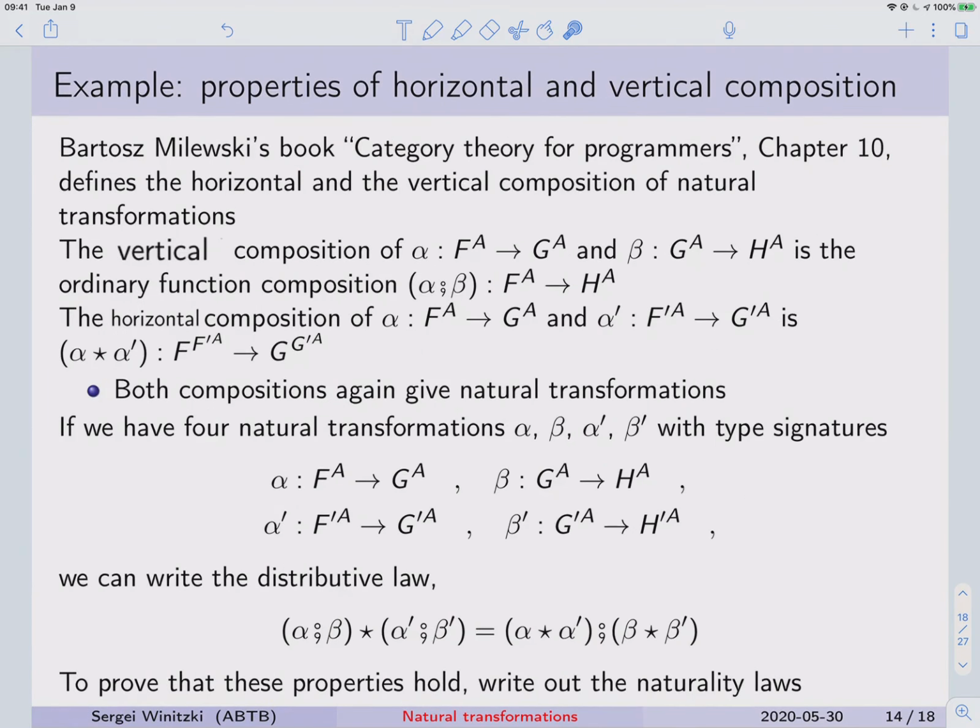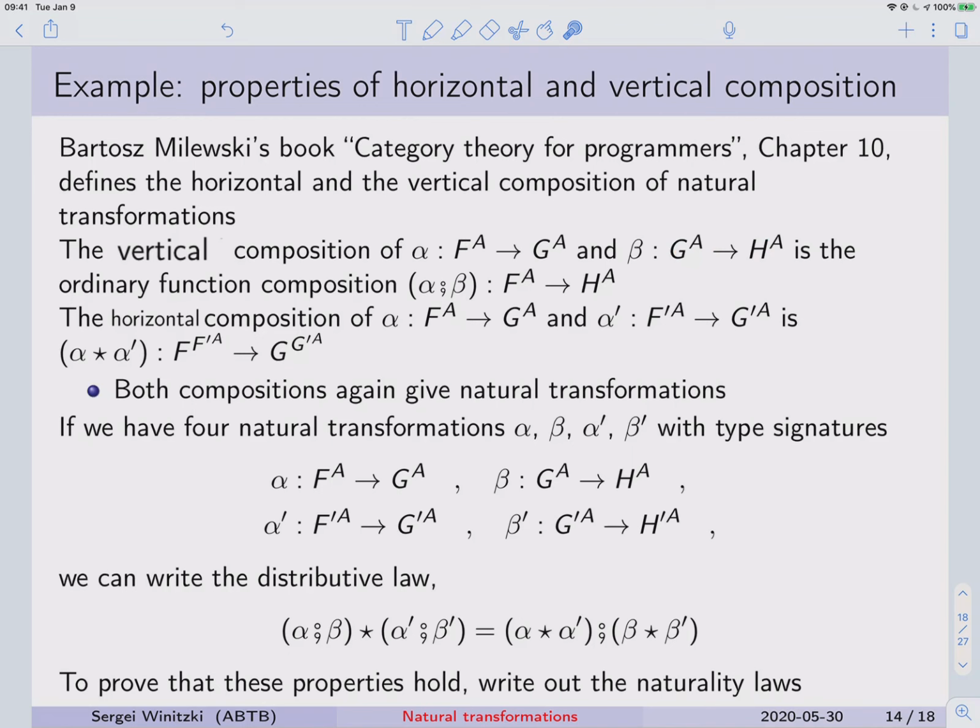And the final examples of using natural transformations are inspired by Bartosz Milewski's book, Category Theory for Programmers, where in chapter 10, the book defines the horizontal and the vertical composition of natural transformations. So the vertical composition of two natural transformations applies to transformations of this type, where you have a transformation from f to g and then a transformation from g to h.